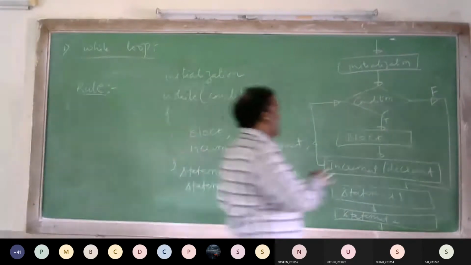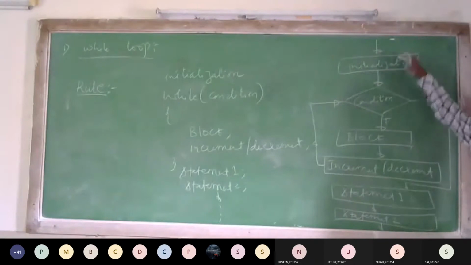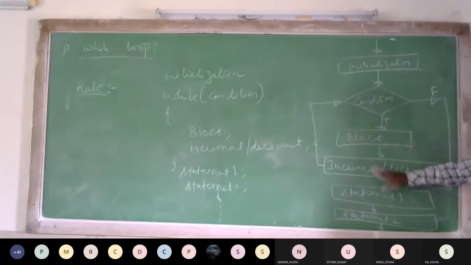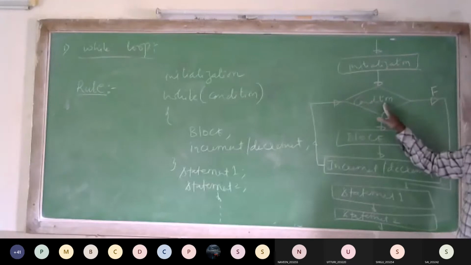See the flowchart. First, initialization. Then it will check the condition. If the condition is true, block set of statements are executed. It will increment or decrement the variable value. Then again the control will go here, again test the condition.